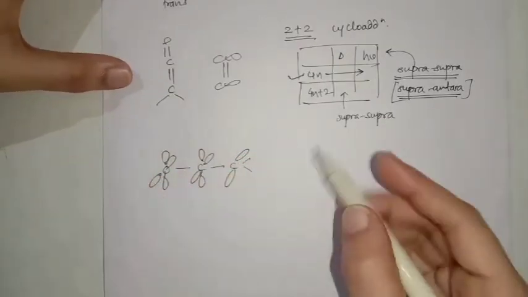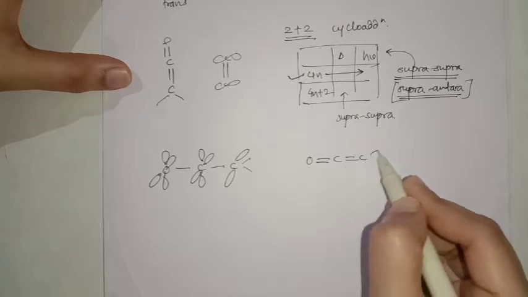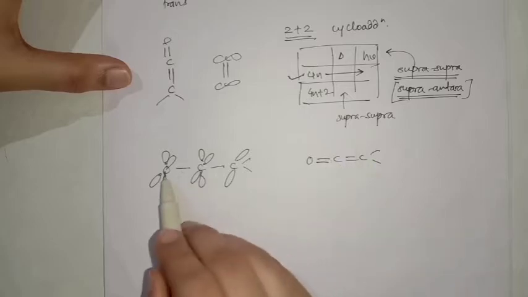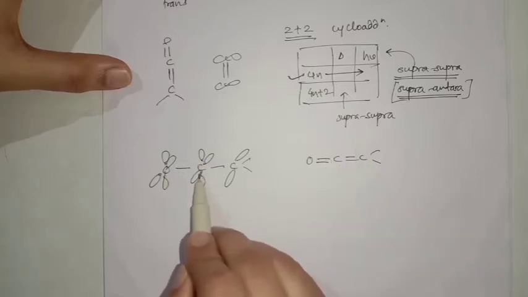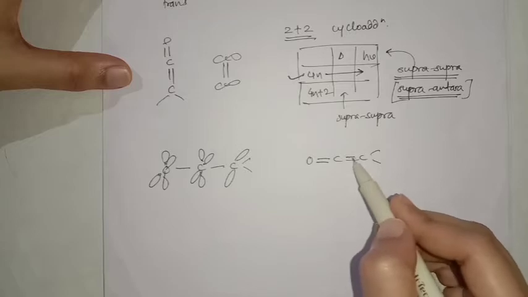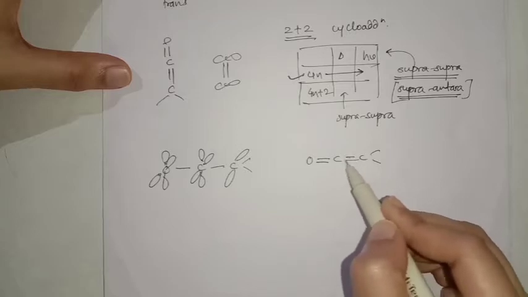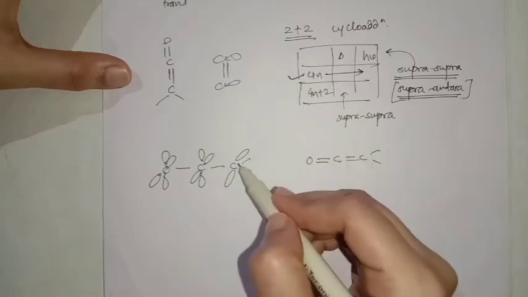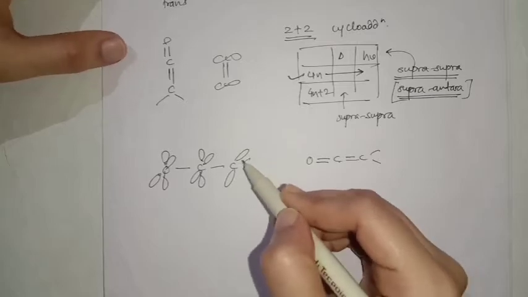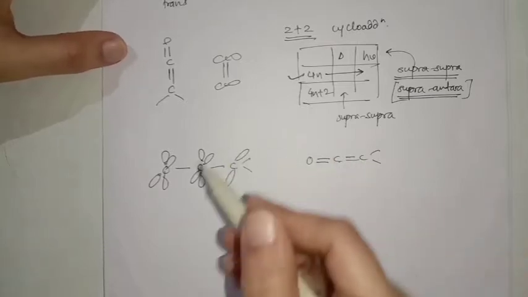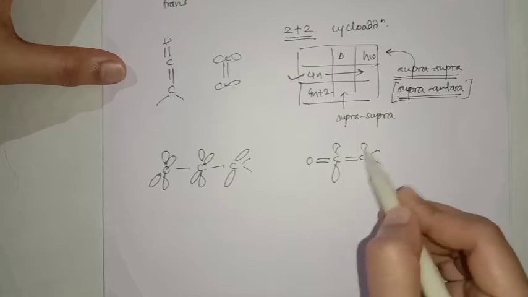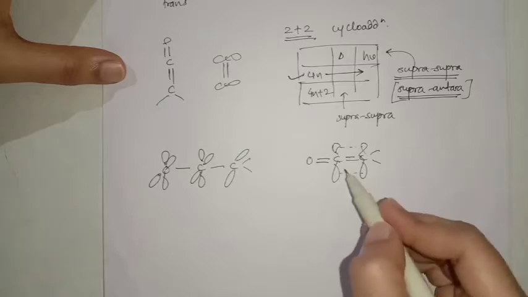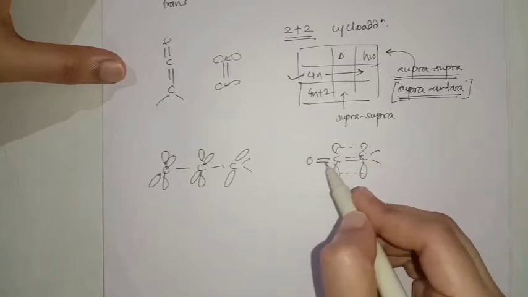Why? Because we have a structure like this: oxygen double bond carbon double bond carbon. For the double bond between this oxygen and carbon, this pi bond, the oxygen and carbon require 1 p orbital, right? And there is another pi bond, another double bond between this carbon and this carbon. So it will require one more pi orbital, that is a p orbital.